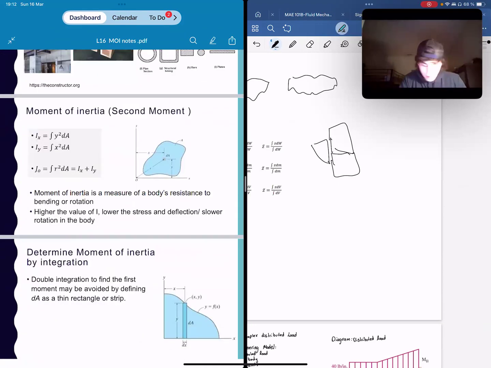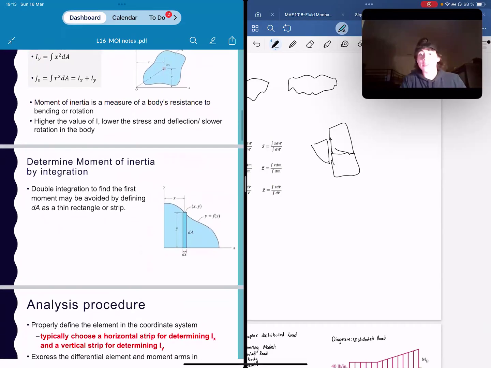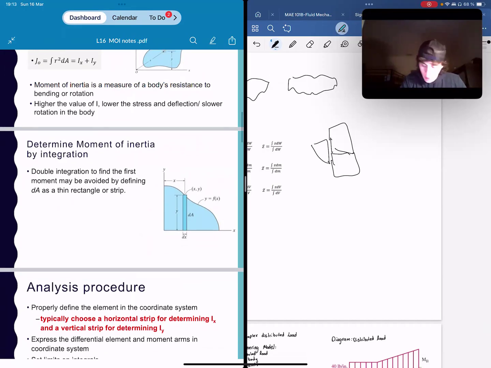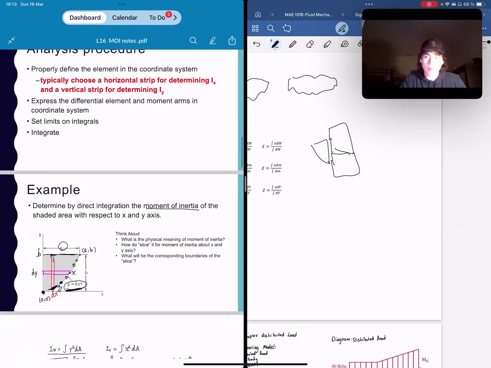And the moment of inertia is described by these two equations. I of x is the integral of y squared dA, and I of y is the integral of x squared dA. It's fairly similar to the lecture from two lectures ago, but this time it's just x squared. We still use the same method, the vertical and the horizontal strip to analyze, but just with an x squared or y squared right now.